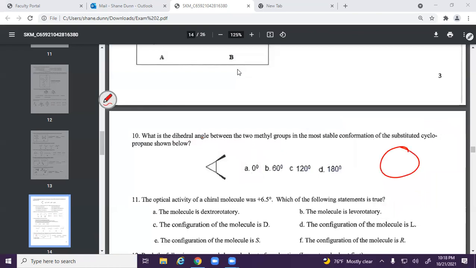Okay. If you are wedges, you come off to the right. So both are wedges, so they both come off to the right, right? So they're gonna be right on top of each other. So that's why the angle is 0, because of the total eclipse. If you come off to the left, you are dashed.